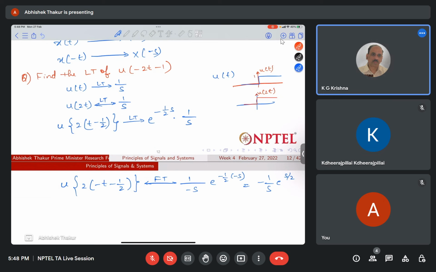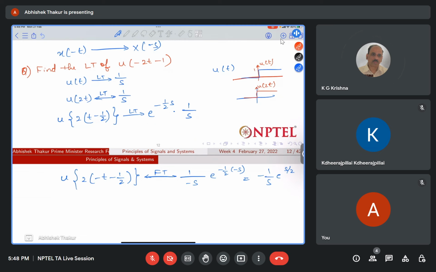Which one do you do first, shifting then scaling, or scaling first and then shifting? We can choose according to how easily we can come to the final value. First I have done time shifting, and after that time reversal. We can do anything, whatever is easy.